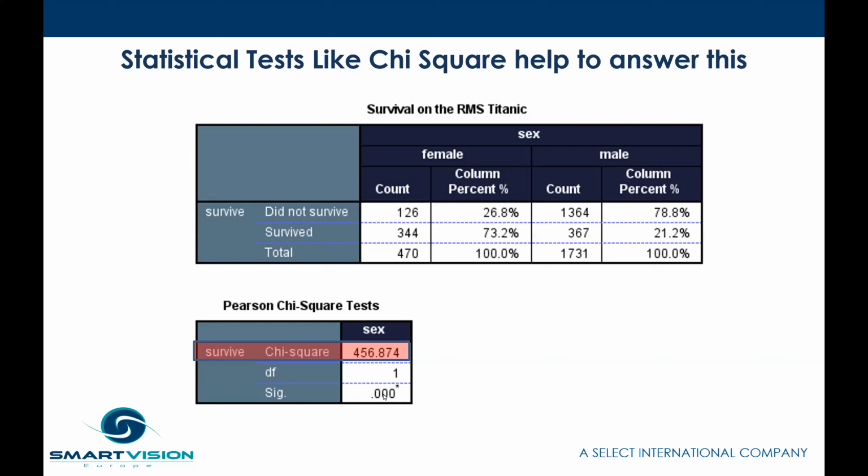The smaller the probability, the larger the chi-square value associated with it. So we would conclude that the notion that survival and gender were unrelated isn't really substantiated by the evidence, and we would reject the null hypothesis that gender didn't affect survival.